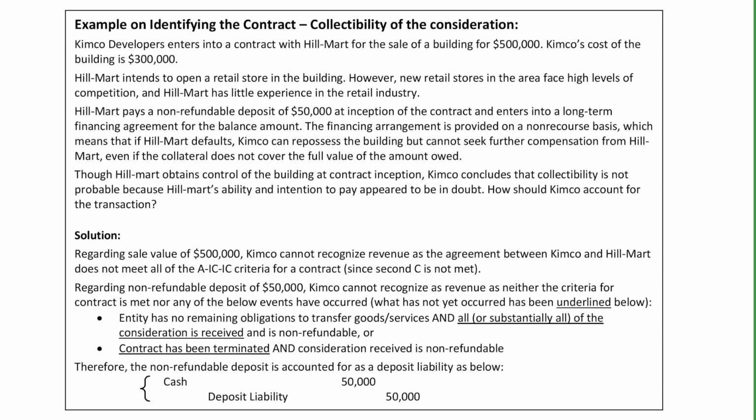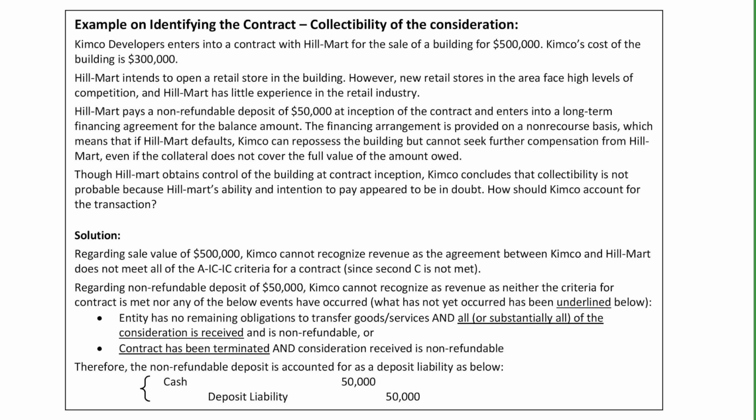Let's look at the second example. We're talking about the collectibility of the consideration. So here you have Kimco developers who enter into a contract with Hillmart for the sale of a building for $500,000. Kimco's cost of the building is $300,000. Now, Hillmart, the customer, intends to open a retail store in the building.